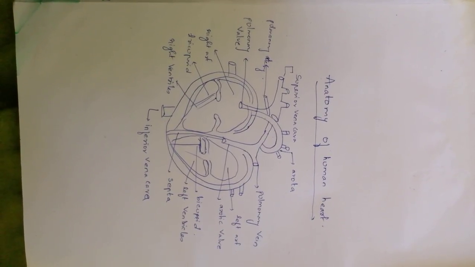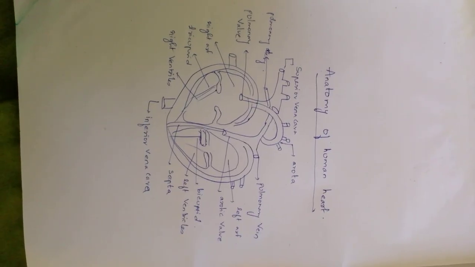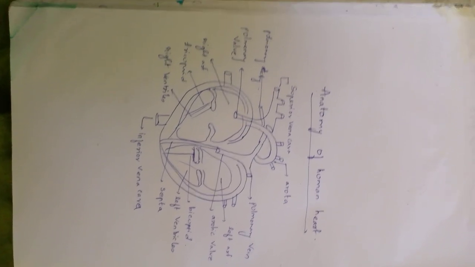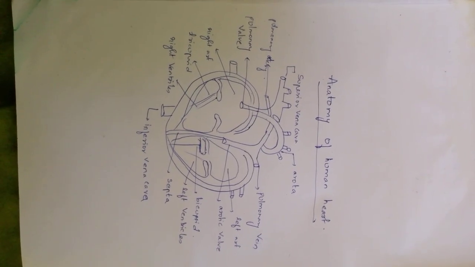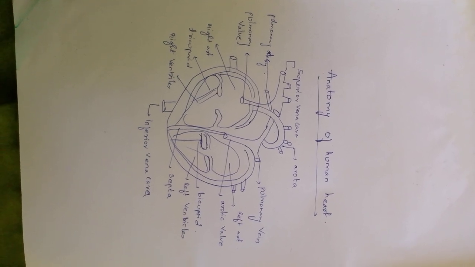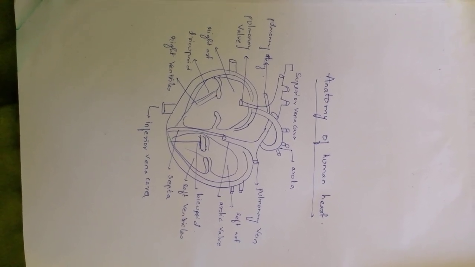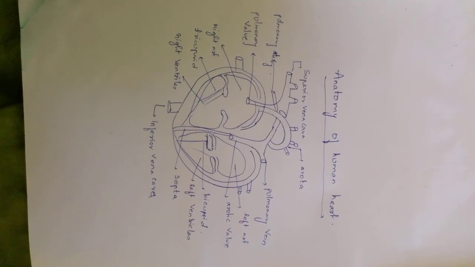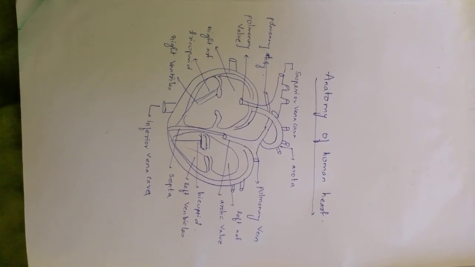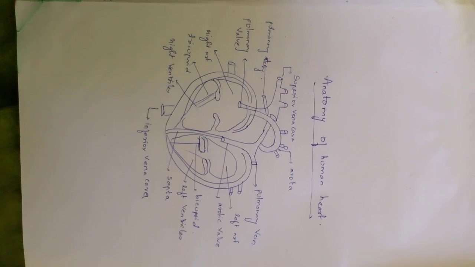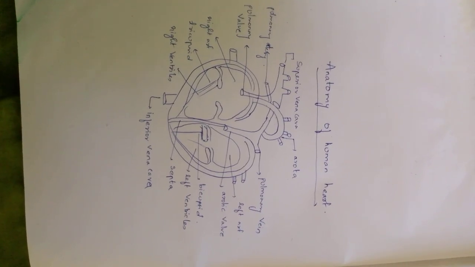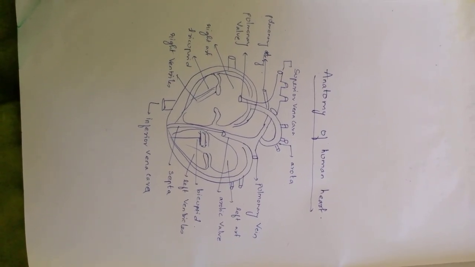In newborn babies, the size of the heart is like a table tennis ball. The number of beats the heart makes per minute varies by factors such as age, gender, and level of fitness.